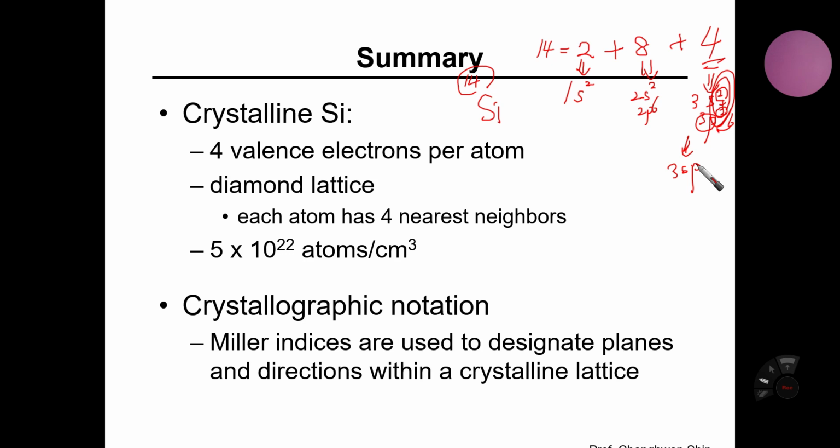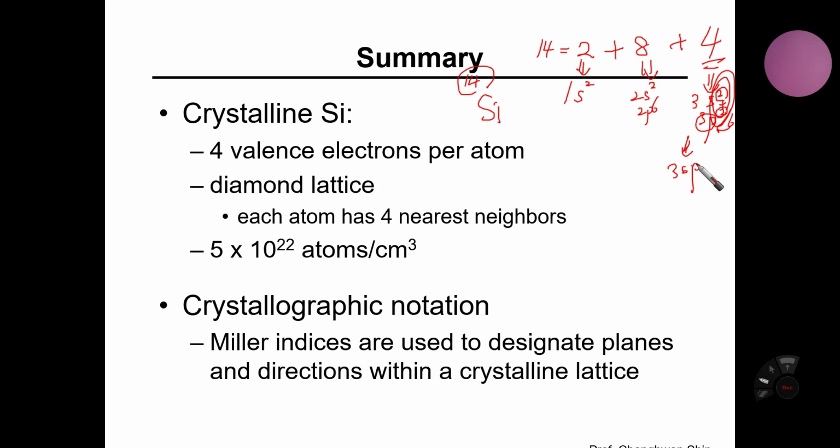Once we calculate the unit cell volume using the lattice constant, which is 0.543 nanometers, we end up with 5 times 10 to the 22 atoms per cubic centimeter, which is the atomic density of crystalline silicon. Afterwards, we learned the crystallographic notation.